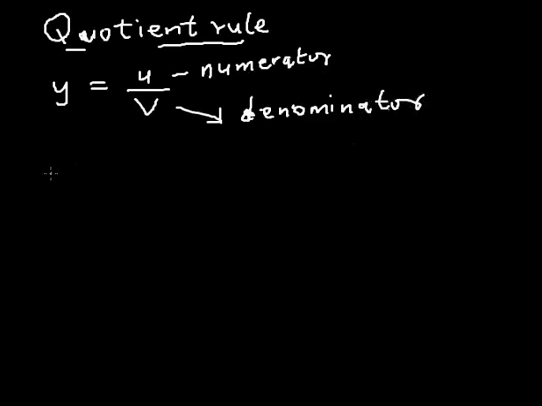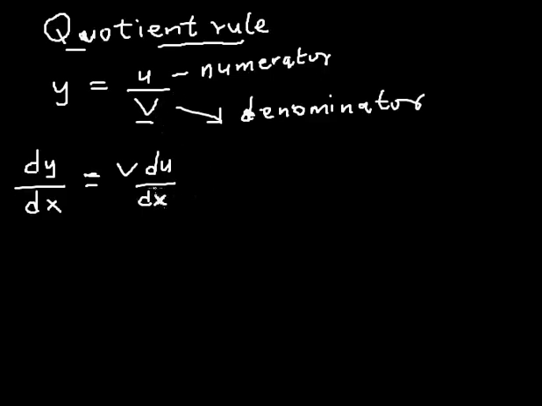So in this case, for us to be able to find dy/dx, simply what we do is we keep the same procedure as the product rule, but there's a slight difference. We start by keeping the denominator v constant, then we differentiate u.